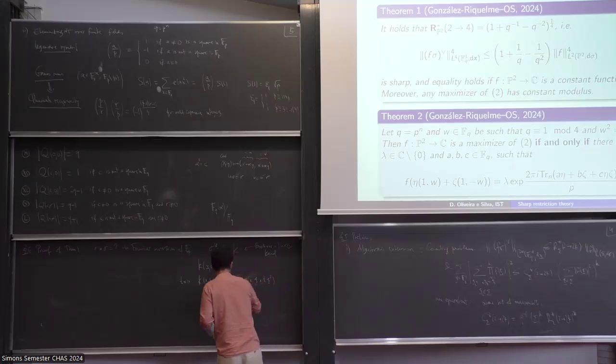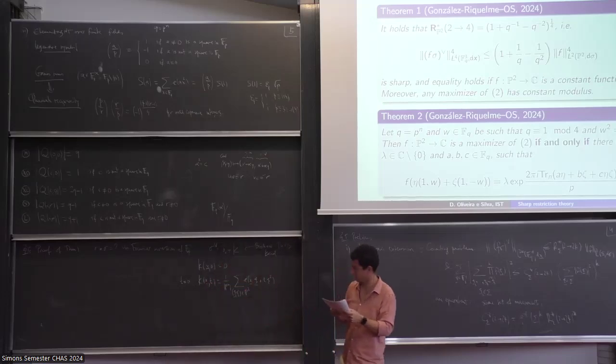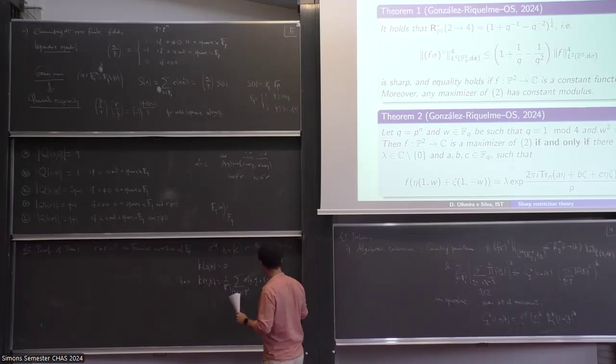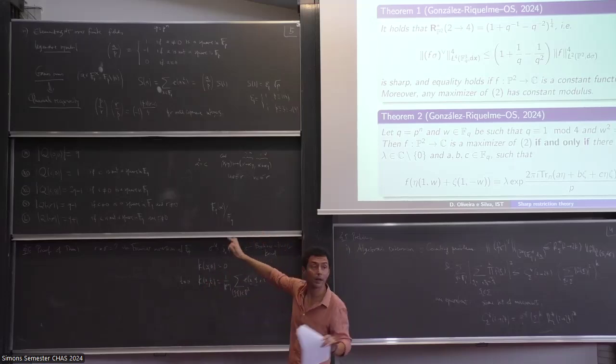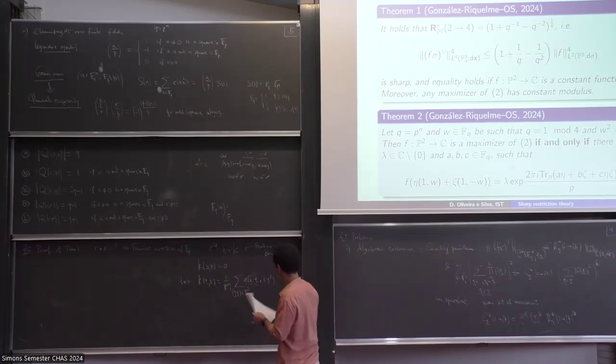And here the sum is over points in the parabola, so you have c squared in P2. And this can be computed. This was already explicitly computed in the paper of Mockenhaupt and Tao. I erased it from the board, but that paper has this explicit computation.